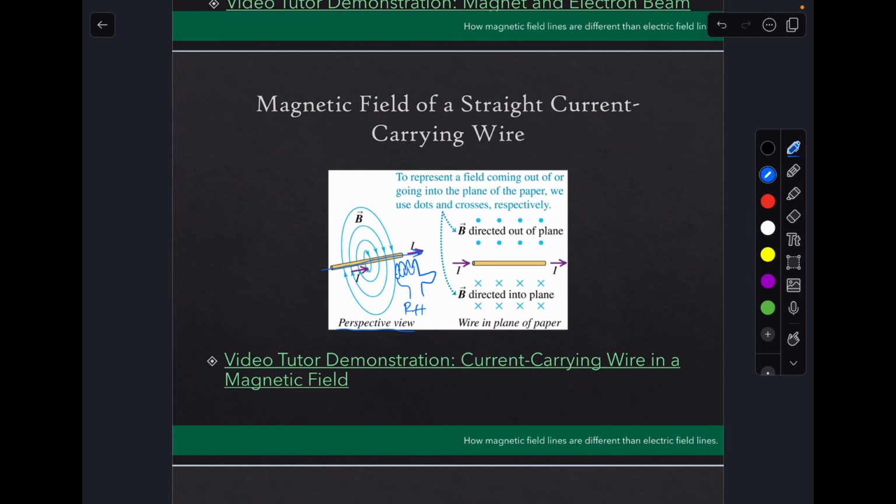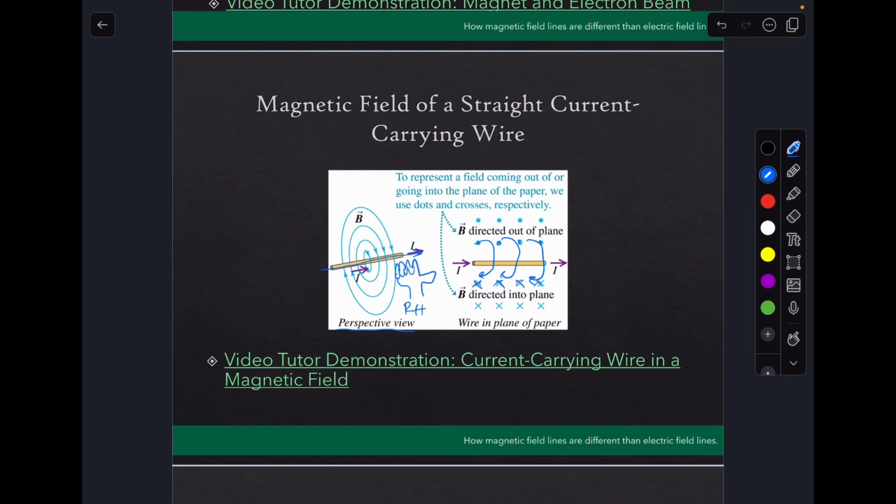So what if you're looking straight on at the edge of the wire? Well, then you would see magnetic fields coming out of the page at you above the wire and into the page below the wire, in order to make that curl.